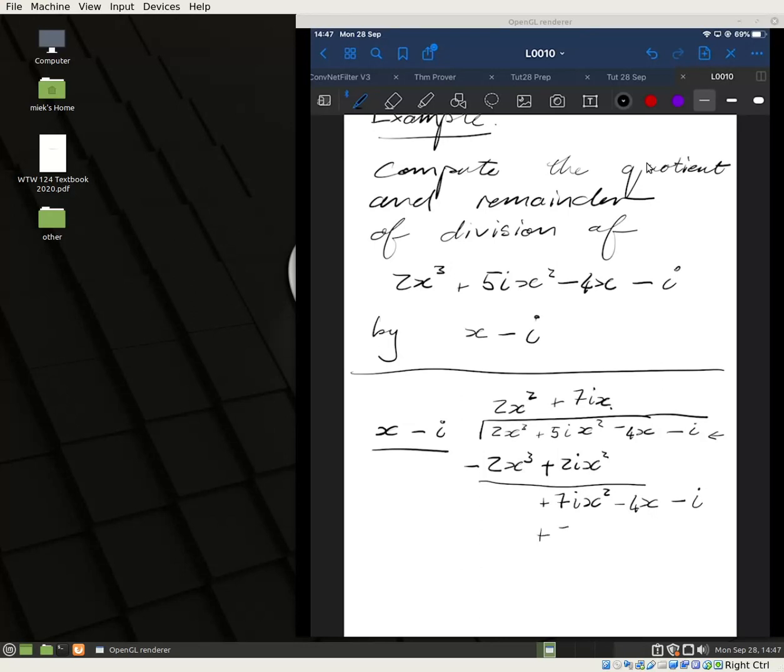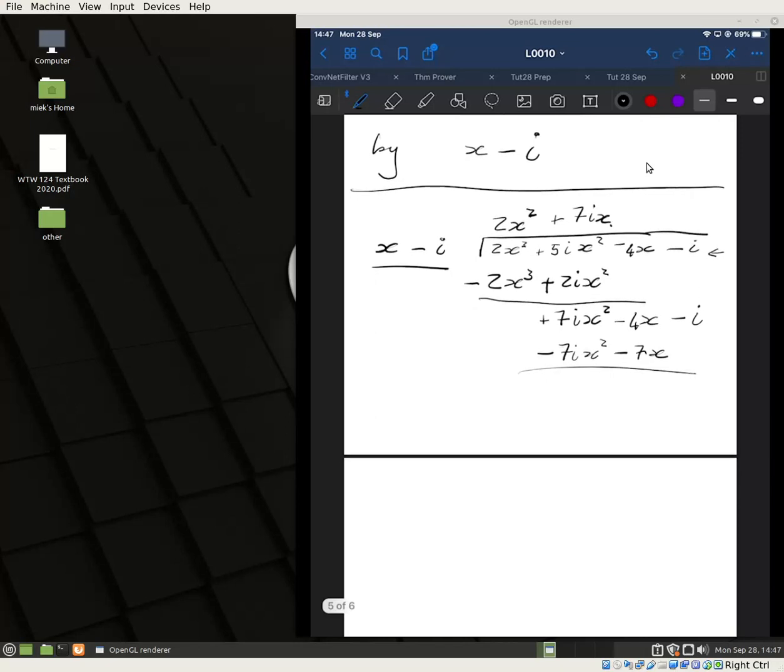So this becomes plus 7i x squared minus 7i squared x, but i squared becomes minus 1, so that becomes plus 7x. Okay, and now we subtract this expression from the other expression. So let's change the signs to minuses, and let us subtract. So this becomes 0. This becomes minus 11x minus i.